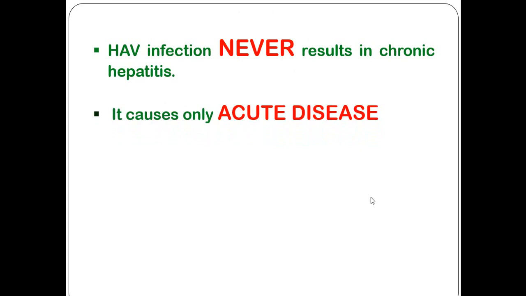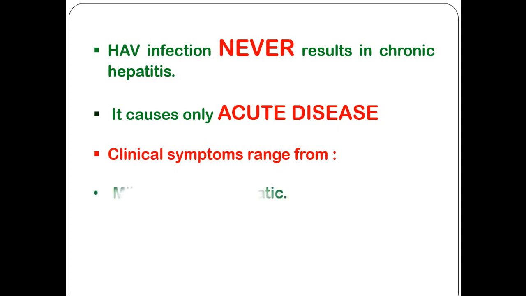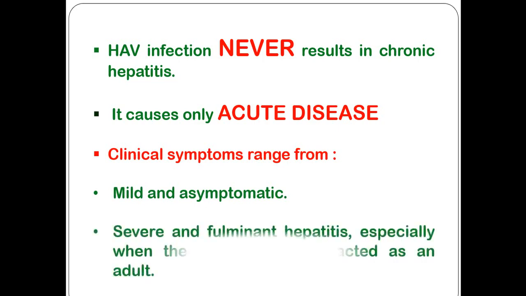So no carrier state and no chronicity, never, in viral hepatitis due to hepatitis A virus infection. The clinical symptoms of hepatitis A virus infection range from mild and asymptomatic to severe and fulminant hepatitis, especially when the infection is contracted as an adult.